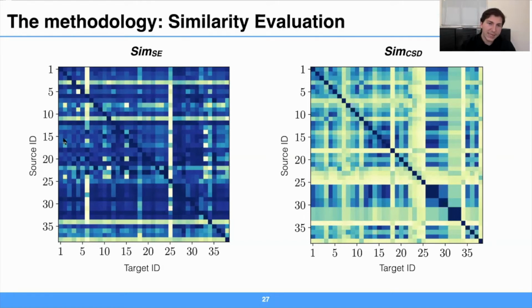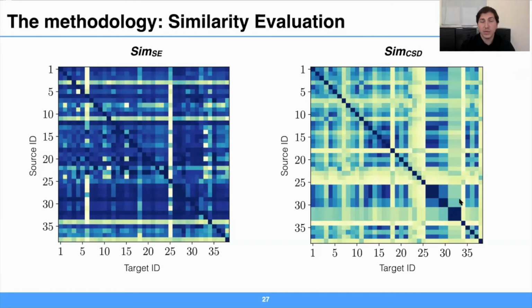Here we can see that when we measure the similarity among different applications, they may have a high similarity in terms of specification encoding, but low similarity in terms of configuration space descriptor. In this case, a darker color means higher similarity, while a lighter color means low similarity.